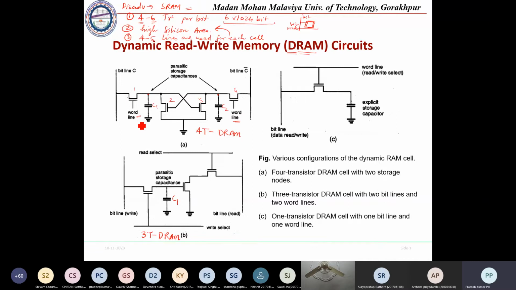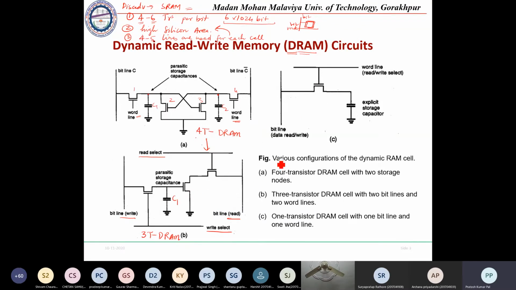Along with that, 2 word lines are there: one is for write select, another is for read select. And 2 separate bit lines are used, one for writing the data, one for reading the data. So this is the modification from 4T to 3T DRAM. 3T means 3 transistors are being used.